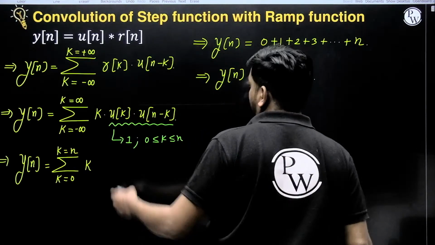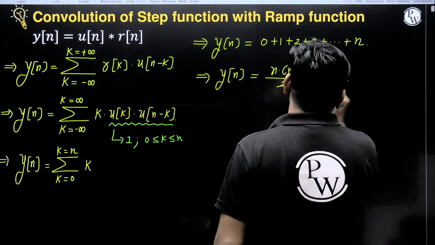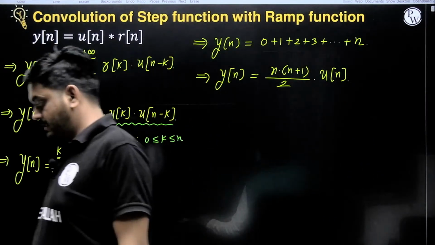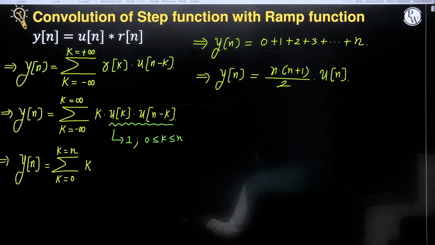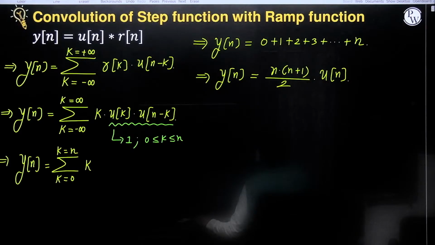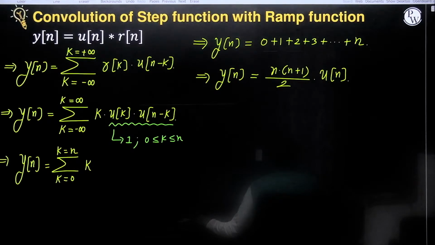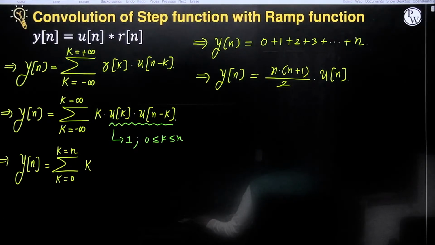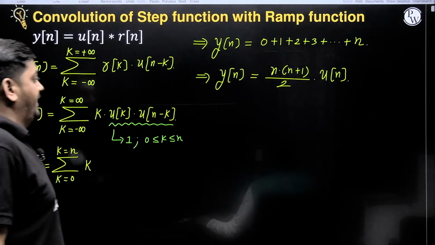Again, this is for the causal result, u of n. Correct? Fine. So y of n is equal to n into n plus 1 divided by 2 u of n.